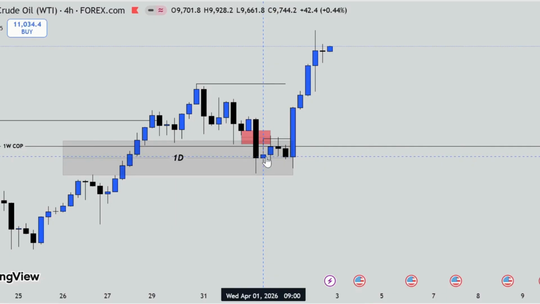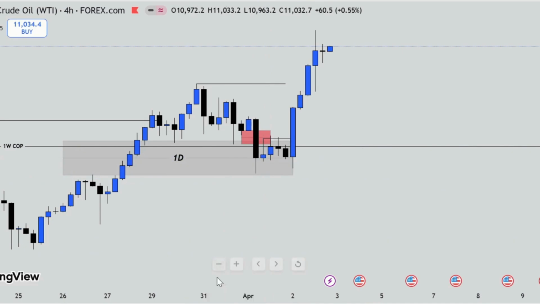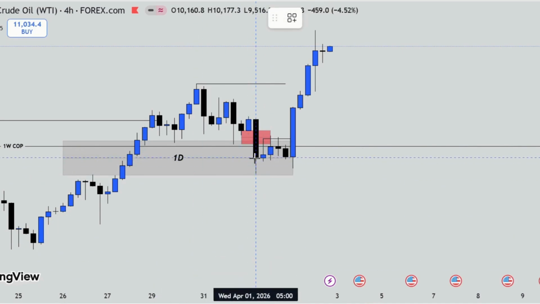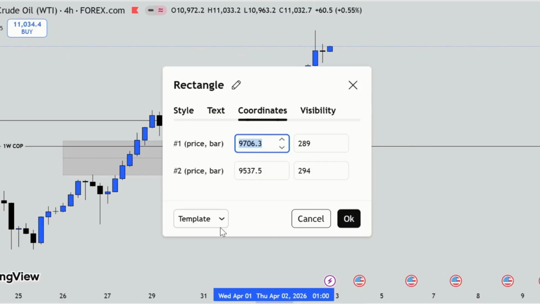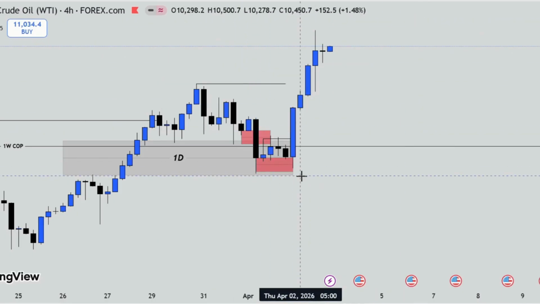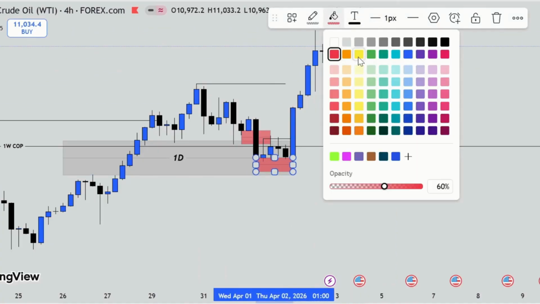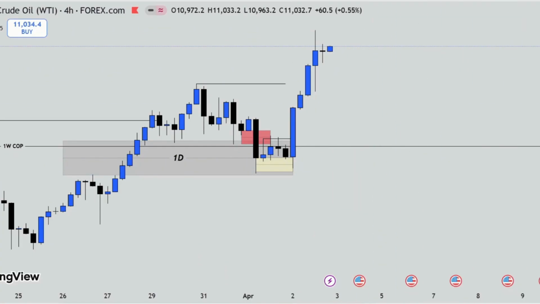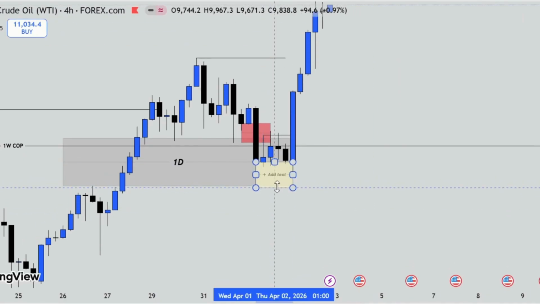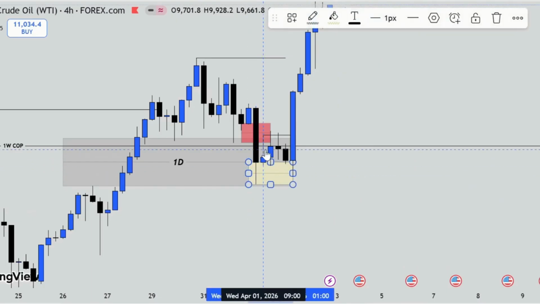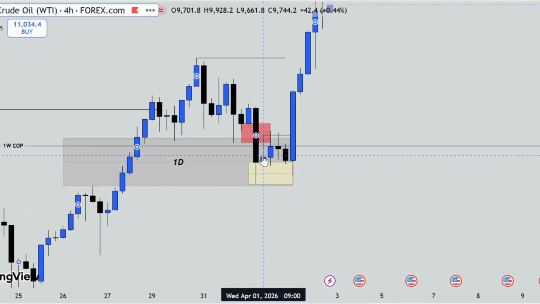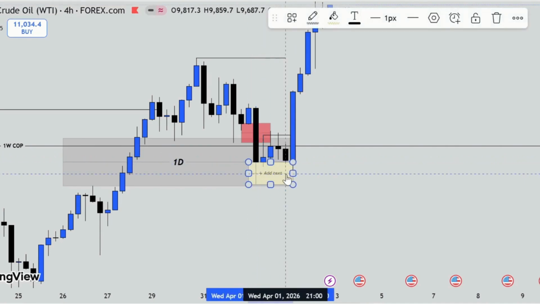So this bullish candle actually turns into support. This level here turns into support. We'll mark that support out. This candle and this candle here, these two candles form the support.